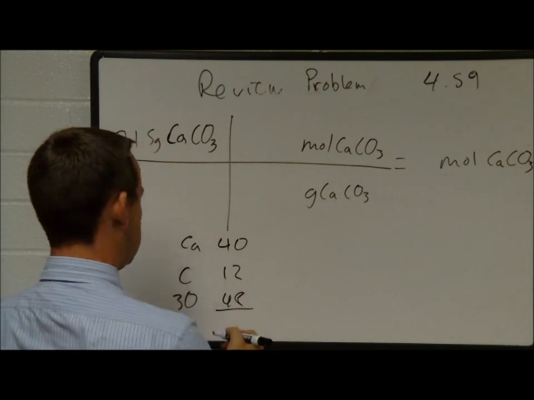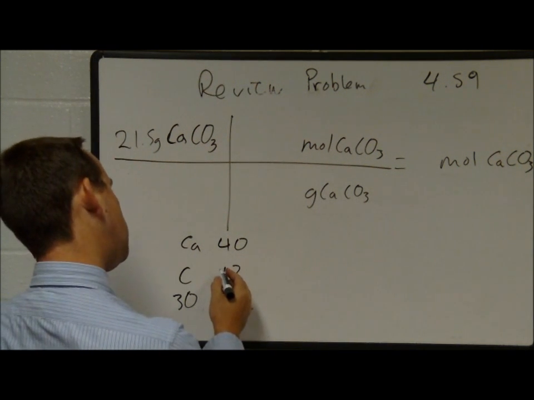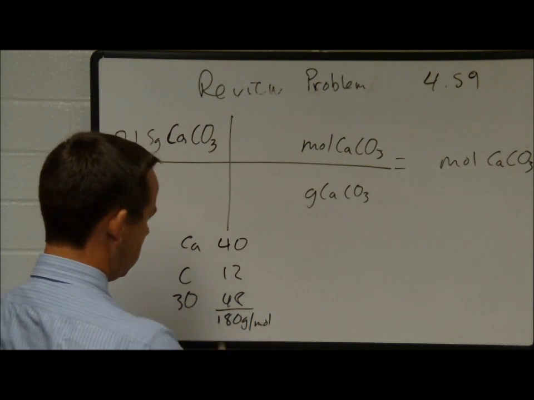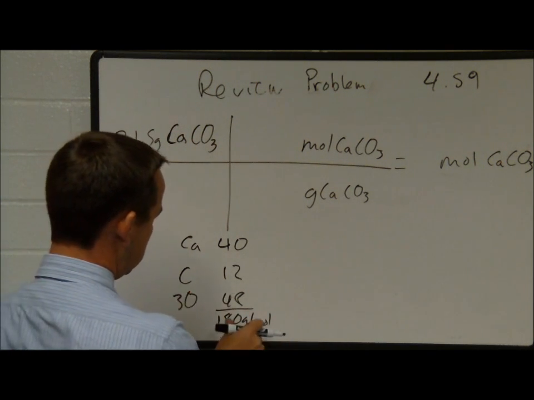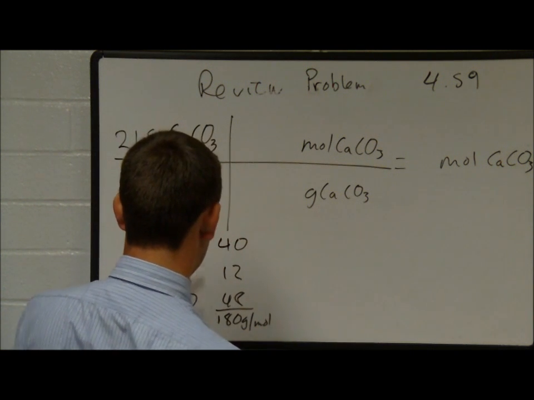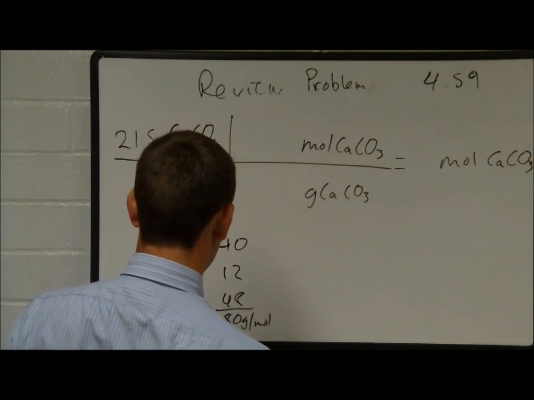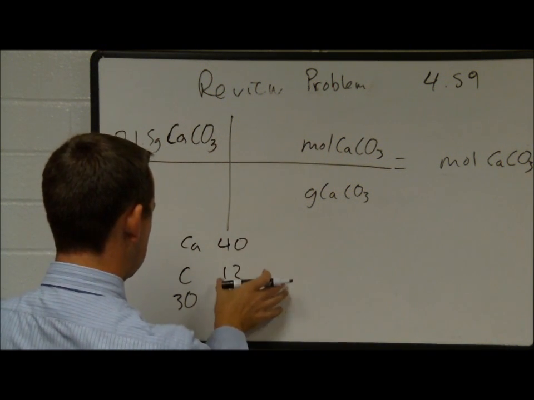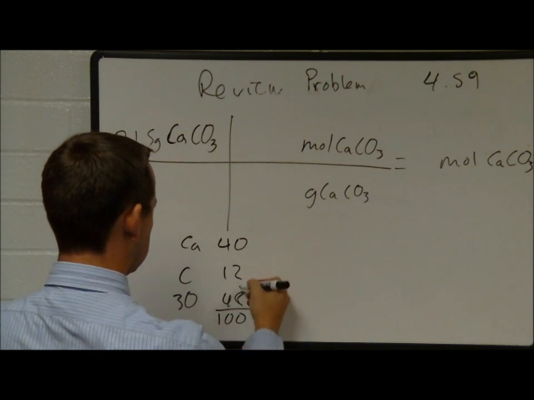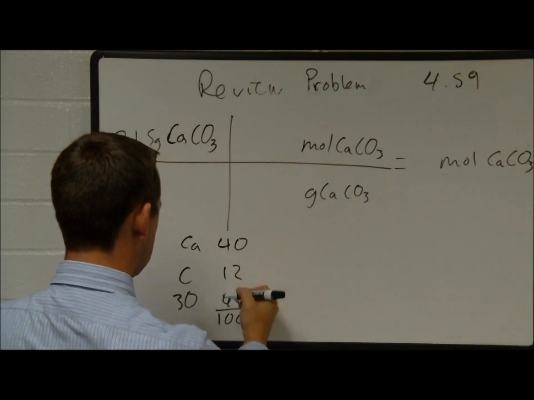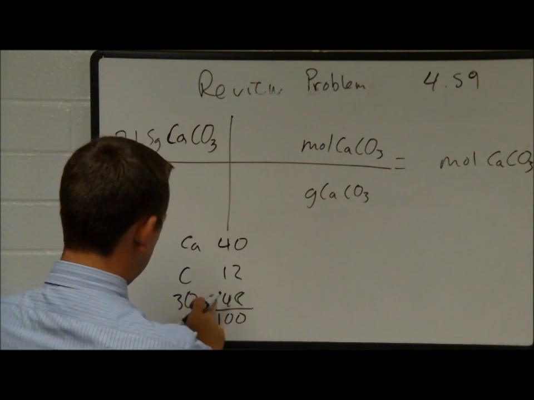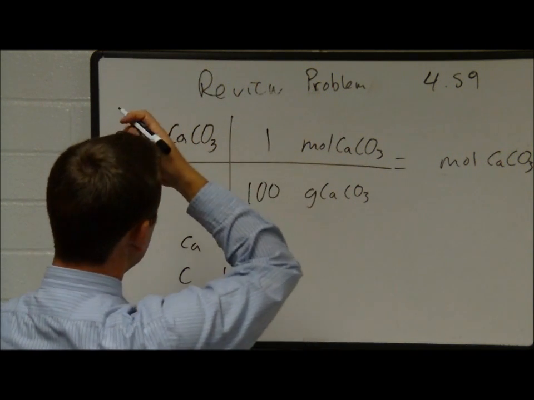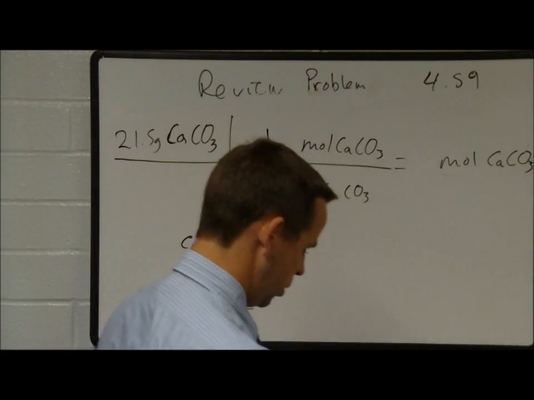So 40 plus 12 plus 48, that's 100 grams per mole. So 21.5 divided by 100, and that should be how many moles we have.